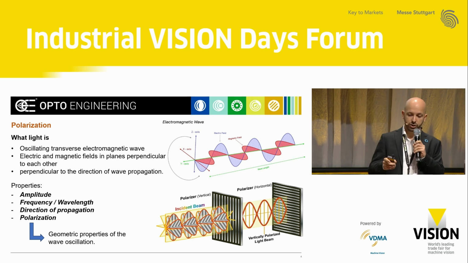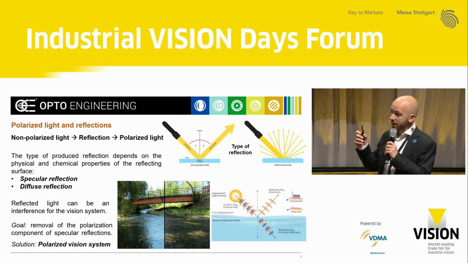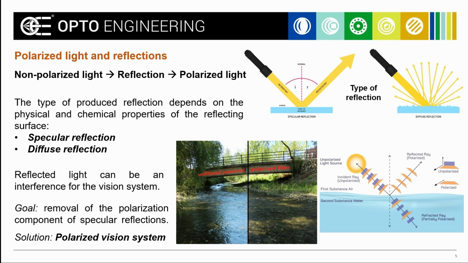And it is a crucial part because, as we've seen here, light undergoes partial polarization when it is reflected by a surface. The type of surface, its chemical and physical properties, determines the reflection we have of the light.